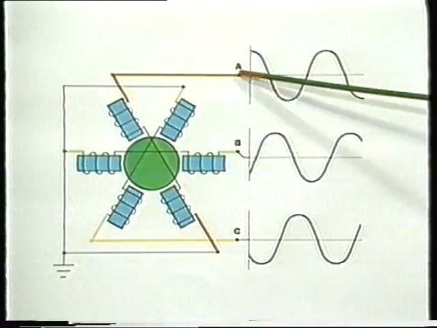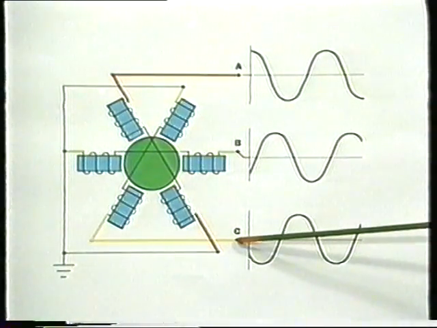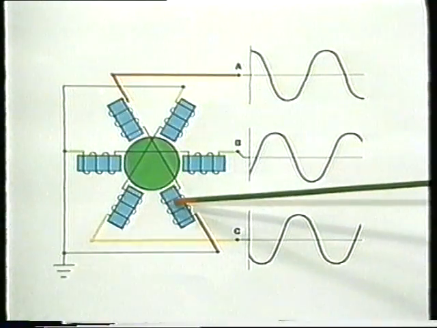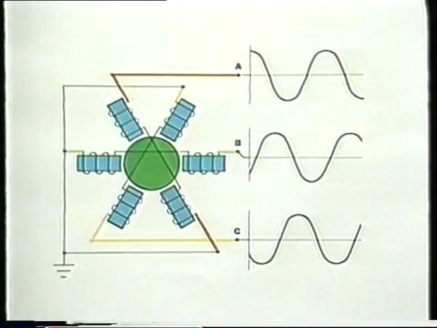There are 3 power lines, and in a two-pole motor, each of them is connected to a set of coils producing 2 poles. The currents in the 3 power lines are phased so that the magnetic poles on the stator actually appear to rotate around the motor.